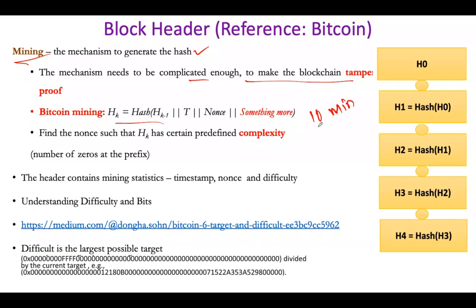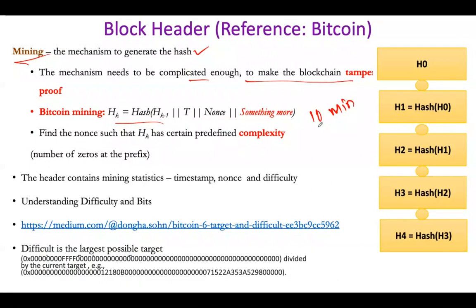Miners are rewarded with new coins if and when they create new blocks, and are paid transaction fees in return for including transactions in their blocks. New blocks are created at an approximately fixed rate.